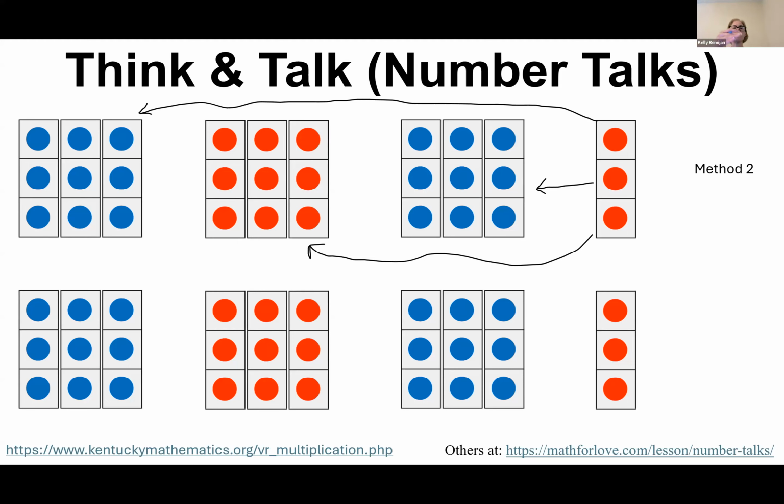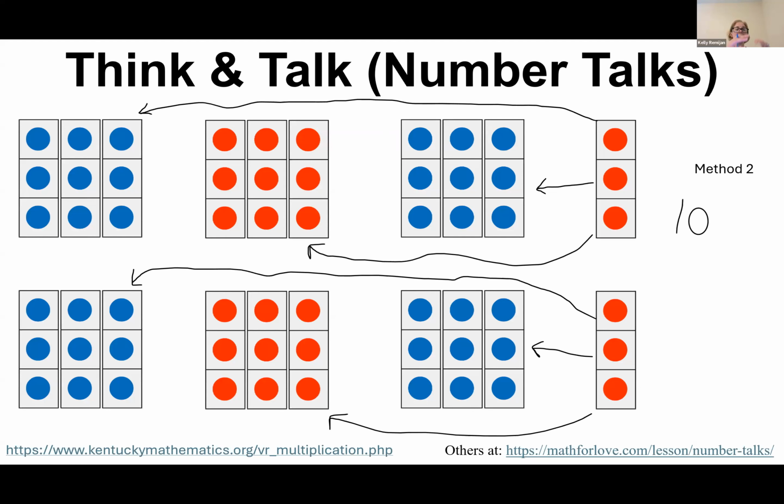When we do that, we end up with 10 dots, and we could do the same thing below. We could put one dot with the blue, one dot with the red, one dot with the blue. And so that gives us 10 dots per figure, and I then would have 6 figures, and it still is going to give me 60.